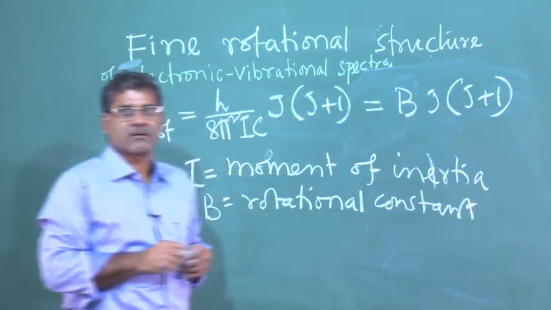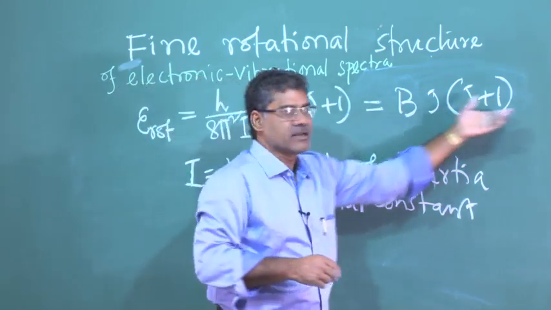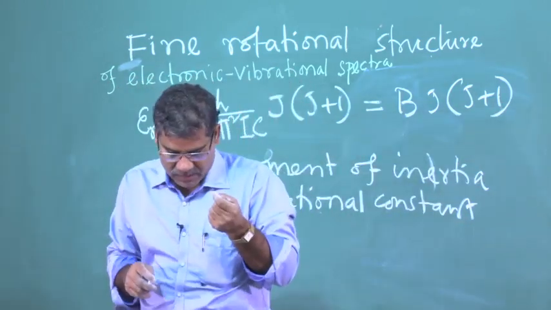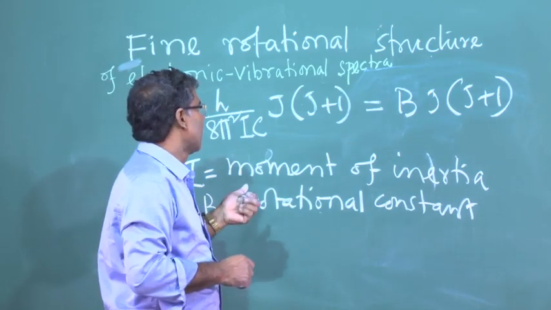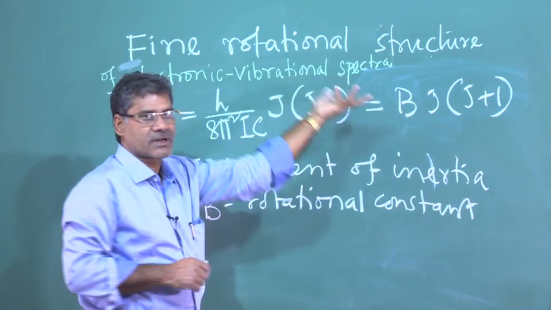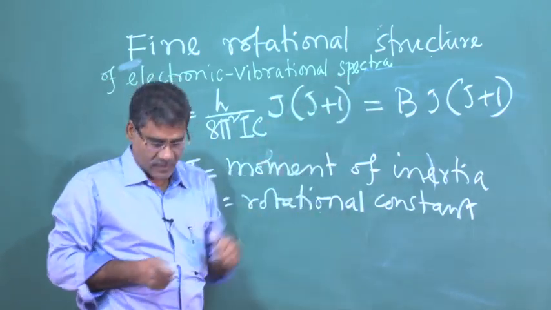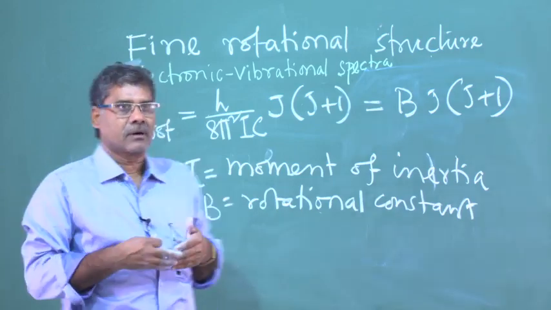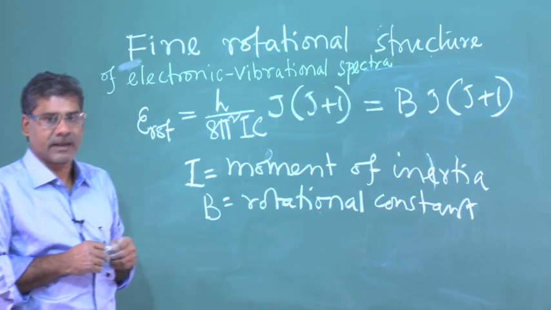Here we have neglected the distortion term, because it is a very small term. In electronic spectra that contribution is very difficult to detect, so one can neglect it.